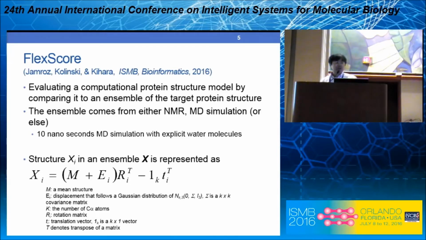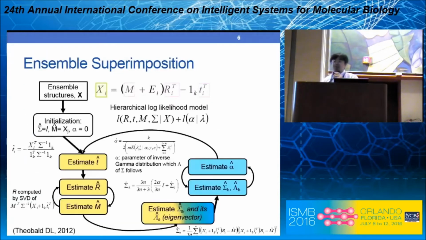So first I need to superimpose the ensemble of structures all together. This is a bit complicated, but I'll tell you the story of how it works. For each of the structures, I need to determine the mean structure, average structure, and then rotation, and then translation. So I need to optimize these three values.